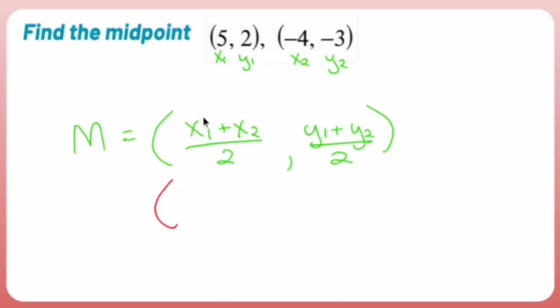All right, so x sub 1 is 5 plus x sub 2 is negative 4 all over 2.